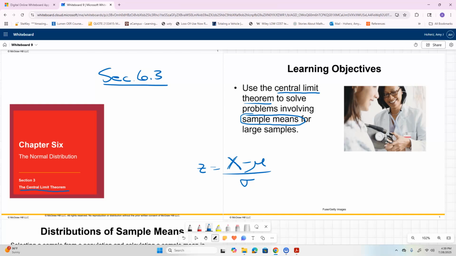And so we're going to be saying, what's the likelihood that this sample has an average? And so instead of x's, we're going to be dealing with x bars, the average of a whole sample. And does that change things?